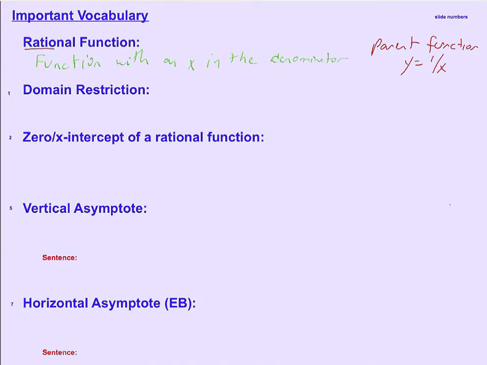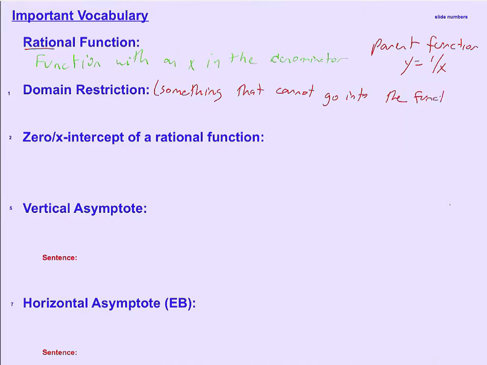Now, just like with other functions we've seen throughout the year, the first thing we talk about is what x can and can't be. For most of the functions we've had this year, x could be anything, but not here. There's what we call a domain restriction, which, just a side note here, is something that cannot go into the function.